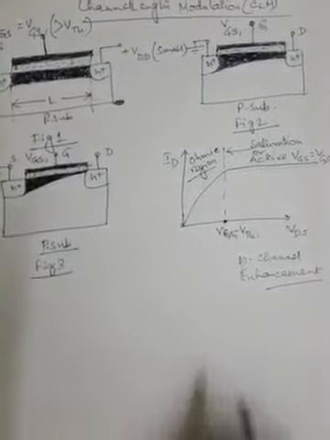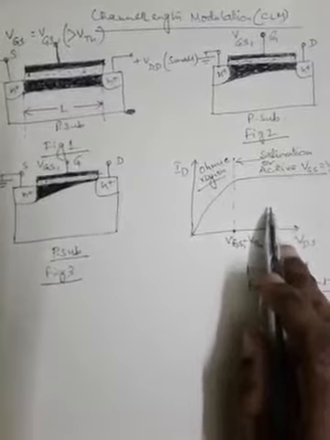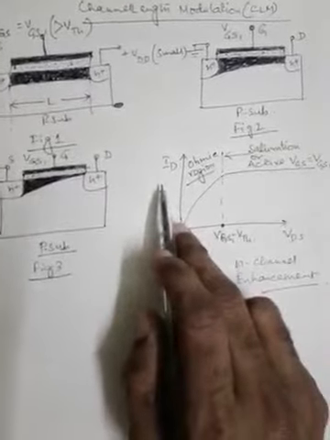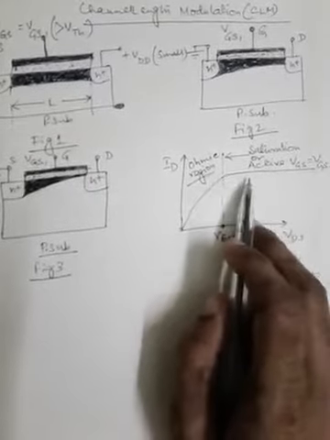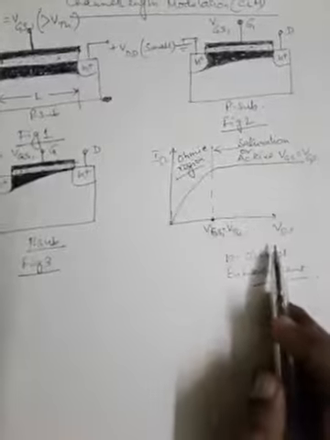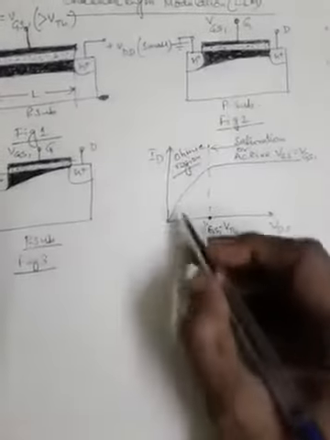Now let us refer to this characteristic curve. The VI characteristic curve, plotted between VDS and ID for our N-channel enhancement type MOSFET, is divided primarily into two regions. One is the ohmic region, inside which the VDS and ID variation is almost linear.